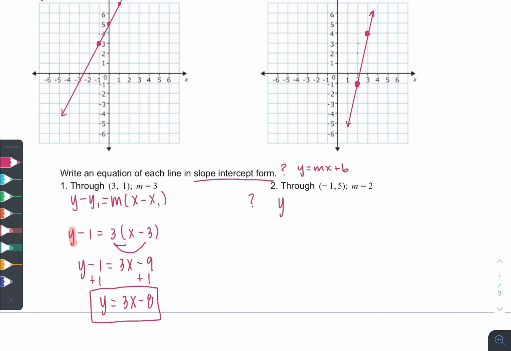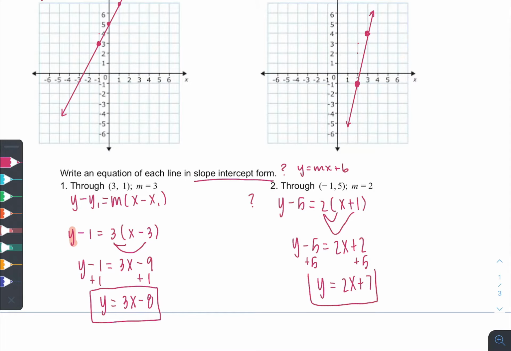Okay, so you should have written our equation as y minus 5 equals 2 times x plus 1. Then distributed that 2 through, so we get y minus 5 equals 2x plus 2. Add 5 to both sides, and we get y equals 2x plus 7.